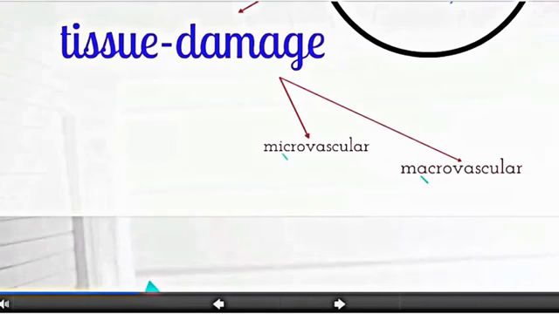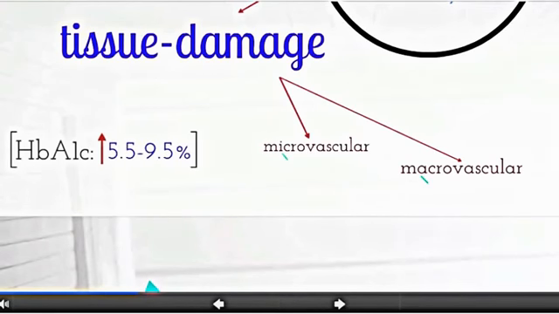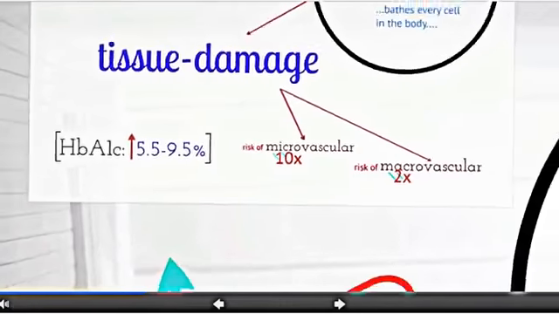Data from these trials indicated that as hemoglobin A1c increases from 5.5 to 9.5%, the risk of microvascular disease increases approximately tenfold, whereas risk of macrovascular disease increases twofold, suggesting that other factors may be involved in the development of diabetic macrovascular disease.